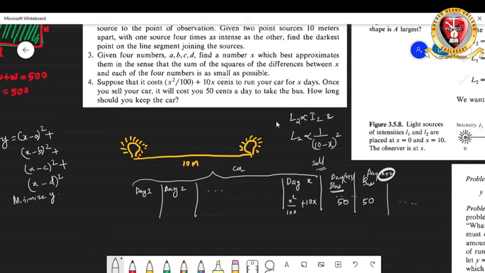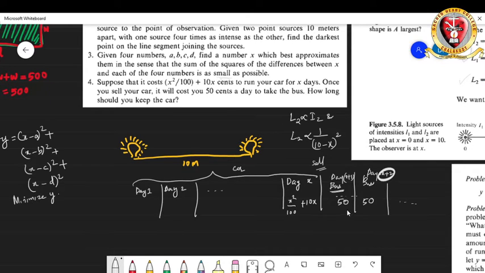So you have to identify the day at which to sell your car, so that you have the least amount for the journey throughout.